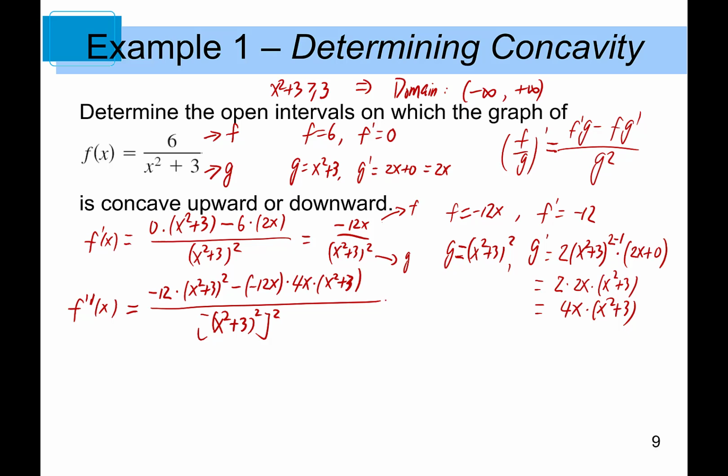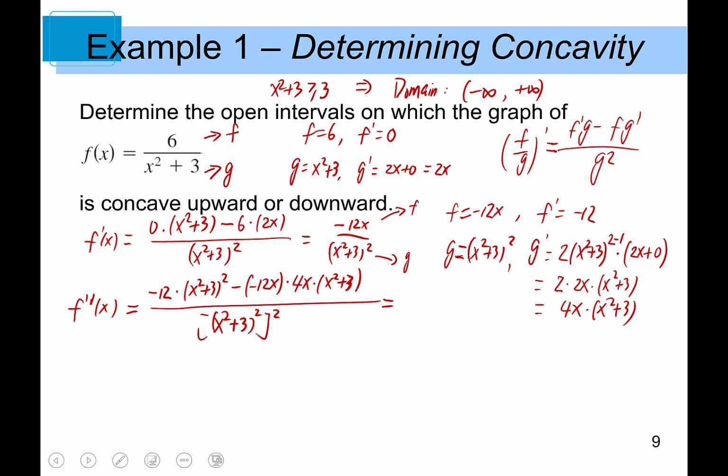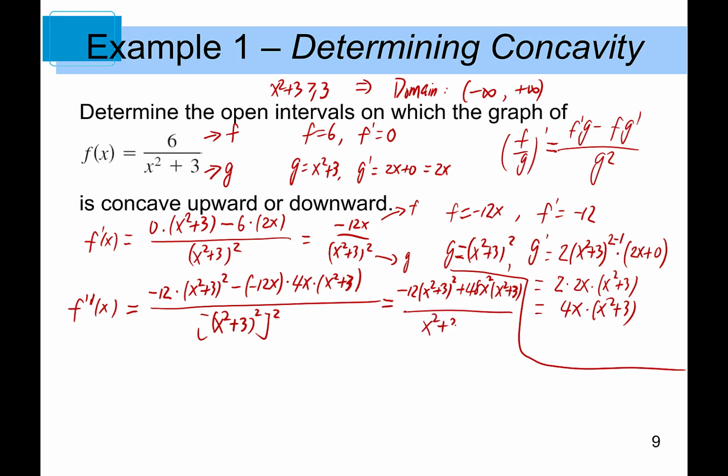Okay, so now we've got to simplify this. So we get negative 12 times x squared plus 3 squared, minus, plus, right? Minus becomes plus 48x times x squared plus 3. Bottom is x squared plus 3 to the 4th.